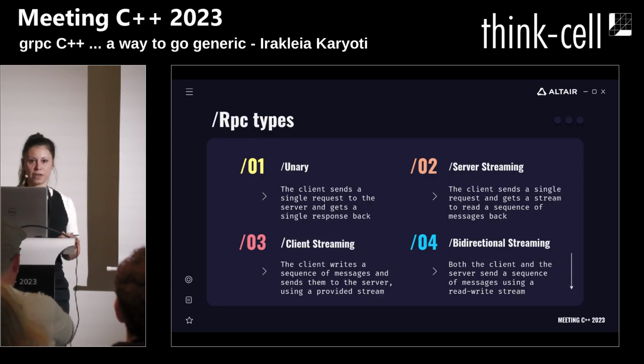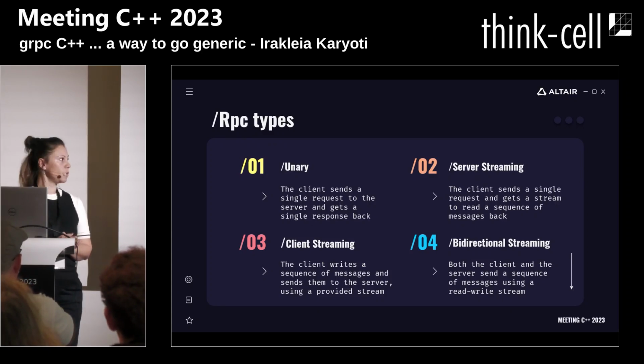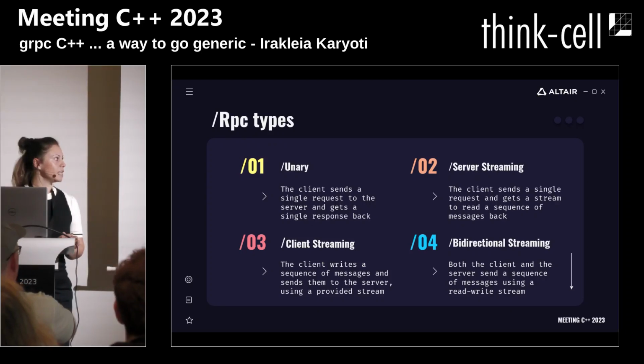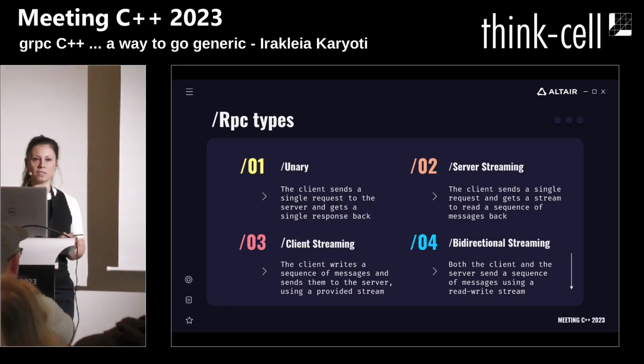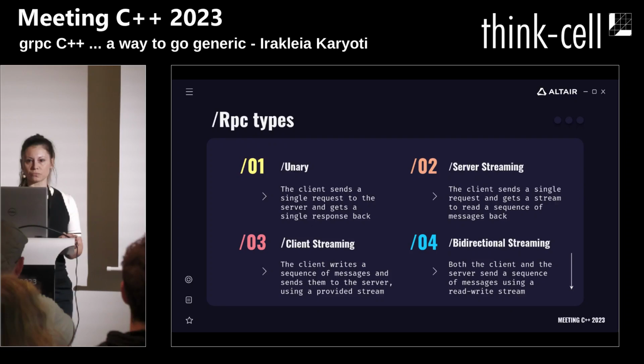It gets a stream, a sequence of messages, to read back. There is client streaming, where the client writes a sequence of messages to the server and gets one single response back. And then there is bidirectional streaming, which is the most generic of all, where both the client and the server exchange a sequence of messages to read and write back.